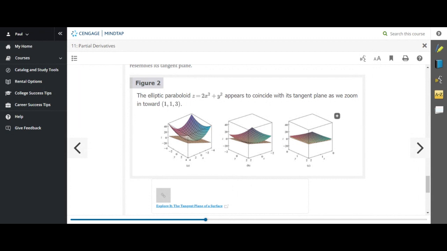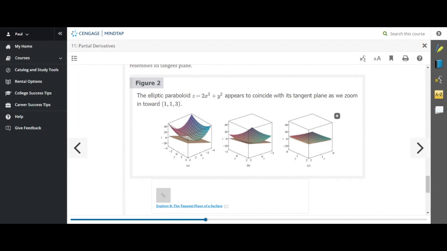So if you go from A to B to C, what are they doing? They're zooming in on the point (1, 1, 3). In figure 2A, the y-axis goes from -4 to 4, and the x-axis goes from -4 to 4. In B, they tighten the y-axis to go from -2 to 2, and the x-axis to go from -2 to 2.